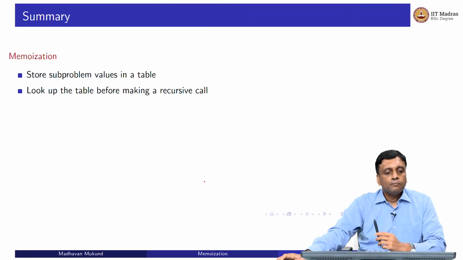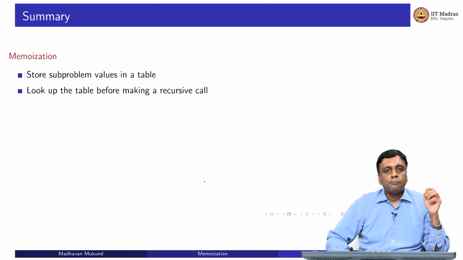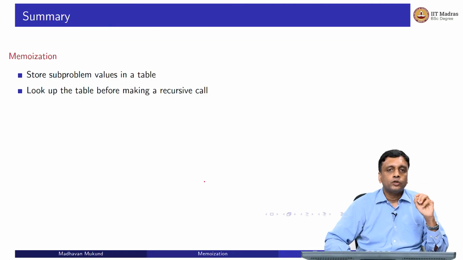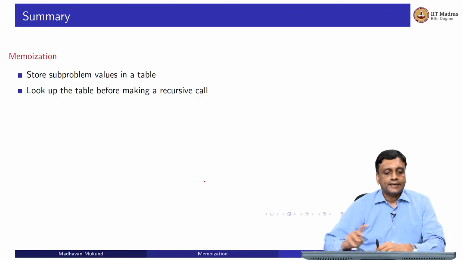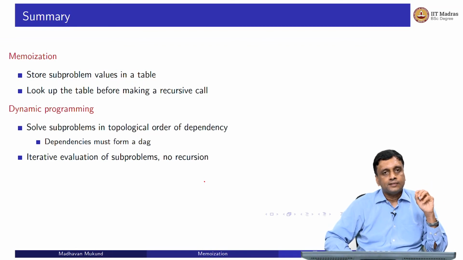To summarize, memoization says never recompute the same problem twice. Every time you use a recursive definition to compute a value, store it in a table so that you can look up that table before you make a wasteful recursive call the second time. On the other hand, dynamic programming says the same thing, but it says we will avoid recursive calls altogether.